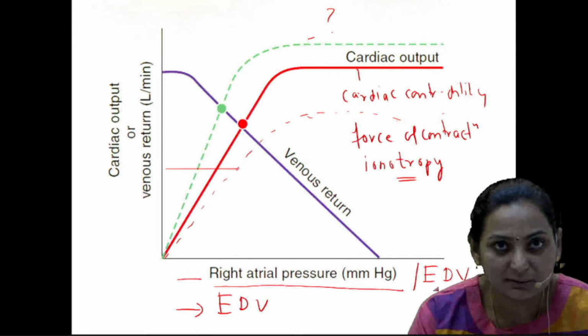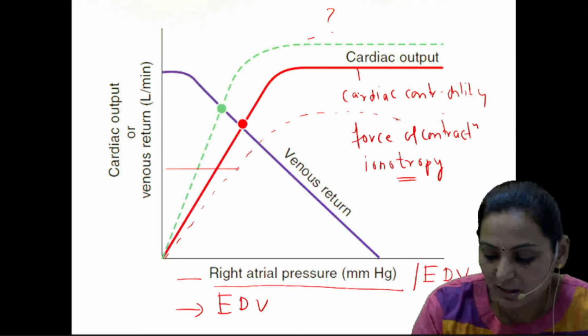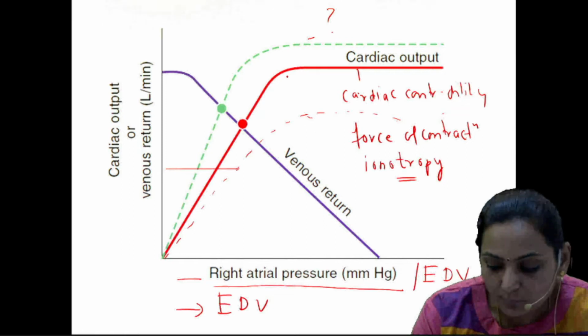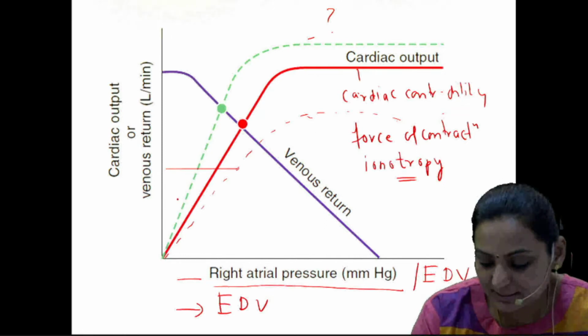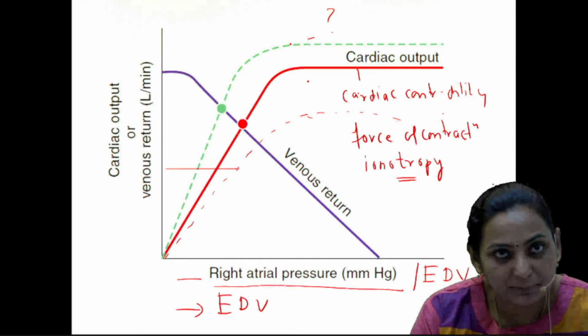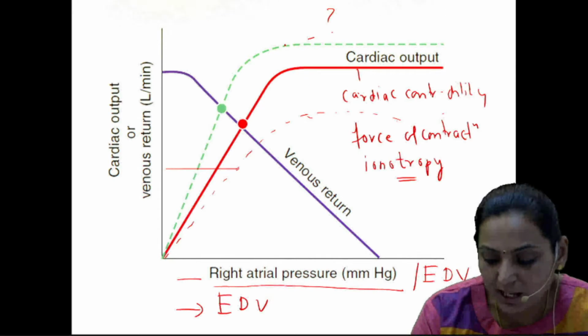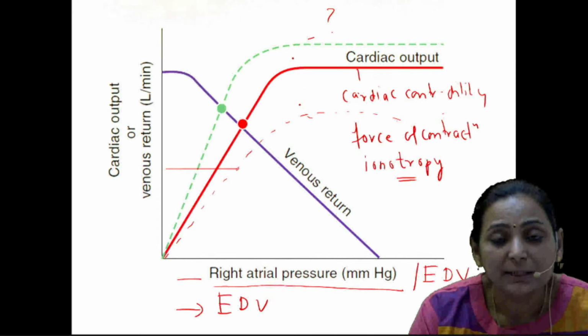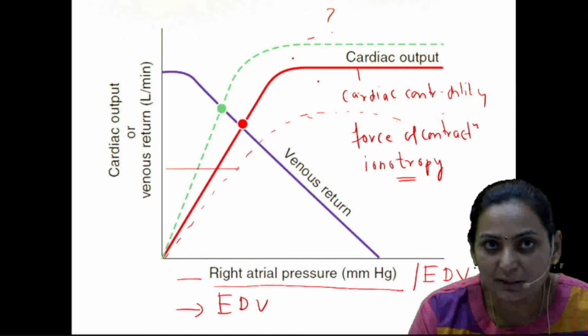So we have to remember that only this graph which is starting from the x-axis, if it is shifted up or if it is shifted down, it is indicative of force of cardiac contraction.